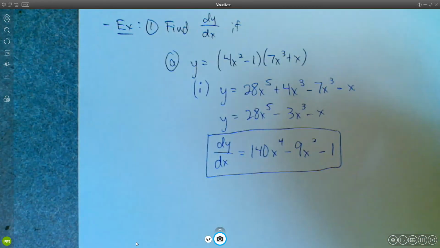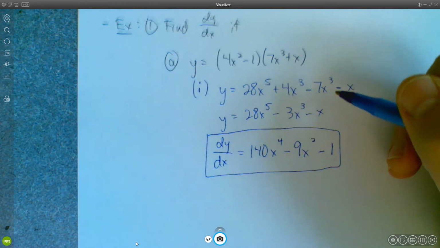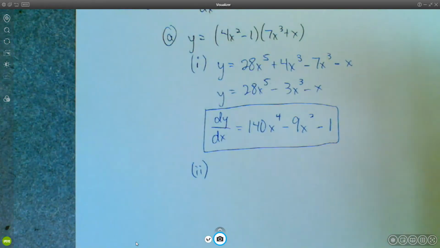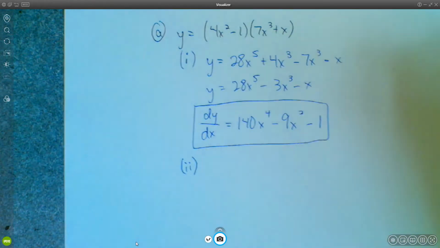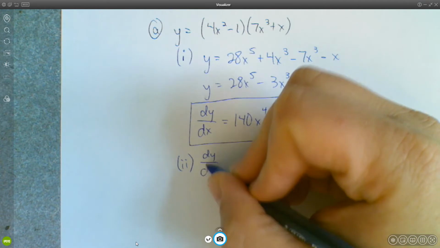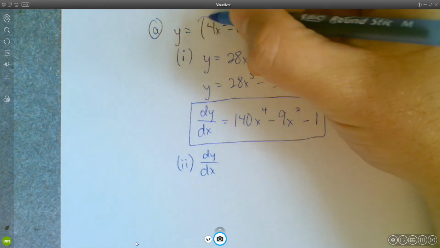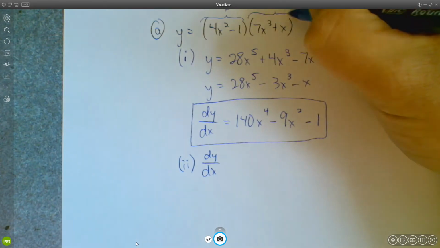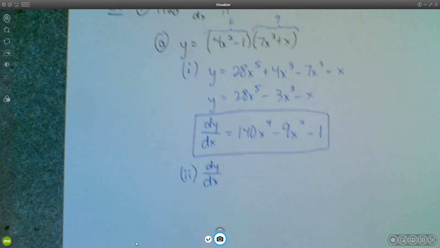But now let's verify that that's correct by using the product rule. So solution 2 is to use the product rule here. So for the product rule, I'm thinking of this function as f, and I'm thinking of this function as g. Okay?